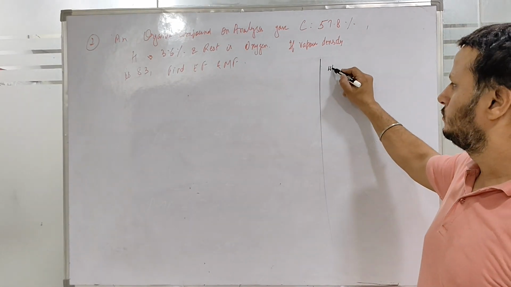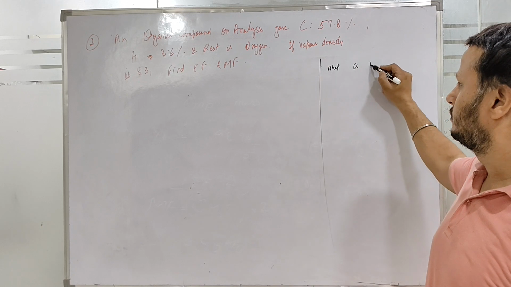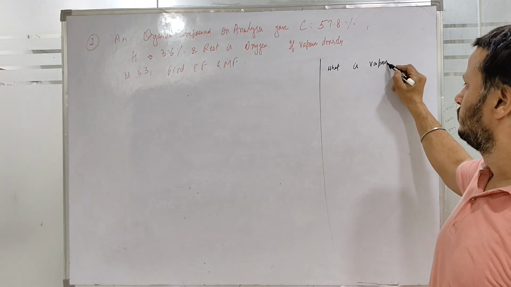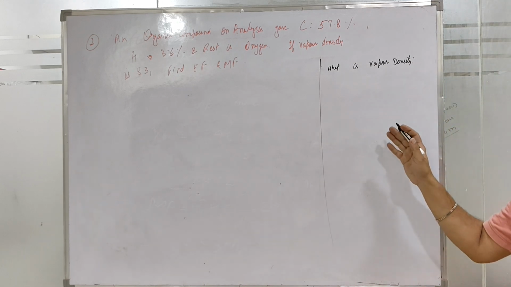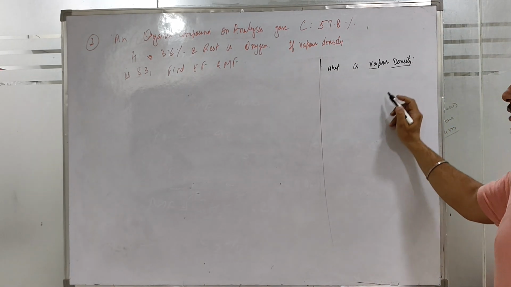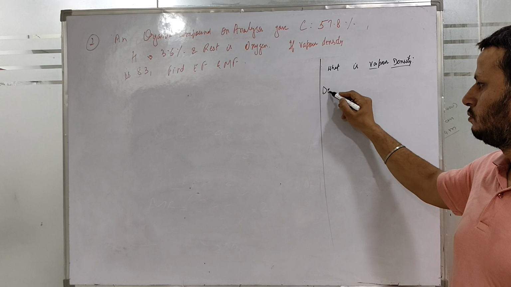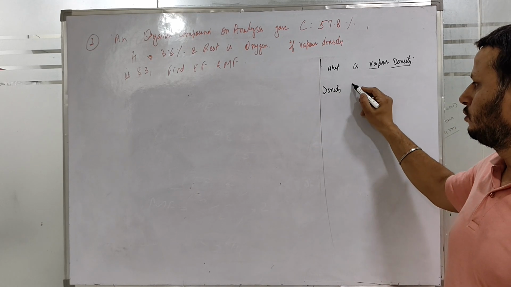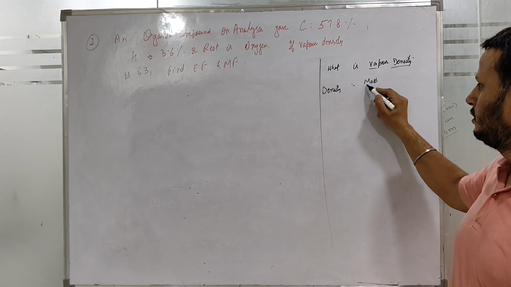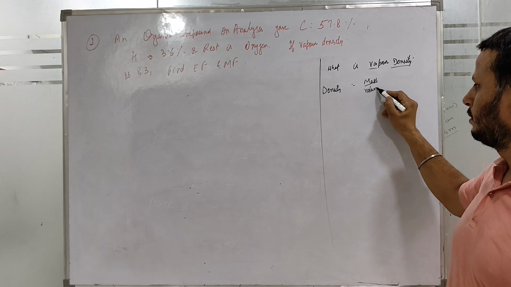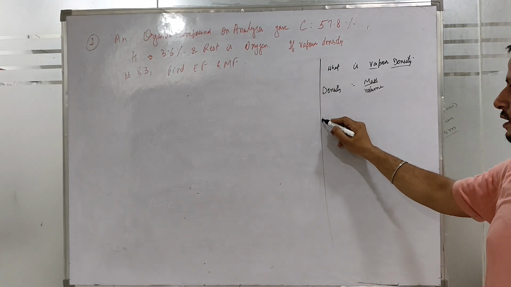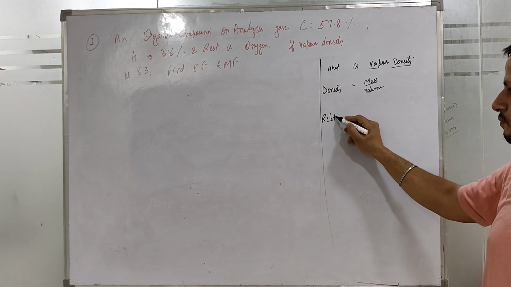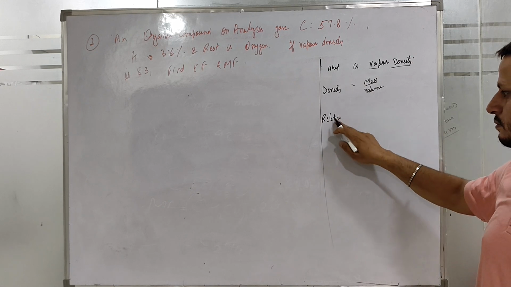So what is vapor density? In this question there is one term, vapor density. As we know, density is equal to mass divided by volume. पहले हम इस टर्म को समझते हैं, then we will start the question. Density is mass by volume. What is relative density?